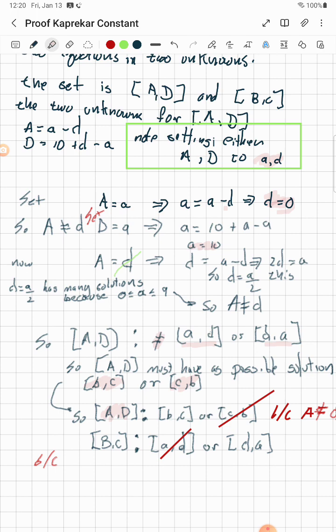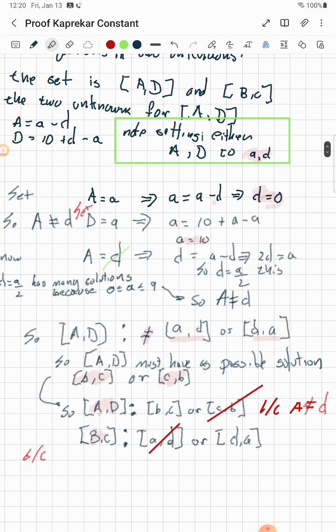Now, A cannot equal 0. That says there. Because A cannot equal 0, it looks like this would have to be a possible solution set, B and C. And you can show it again with BC that it cannot be little b and little c. It's going to be either this one or this one.